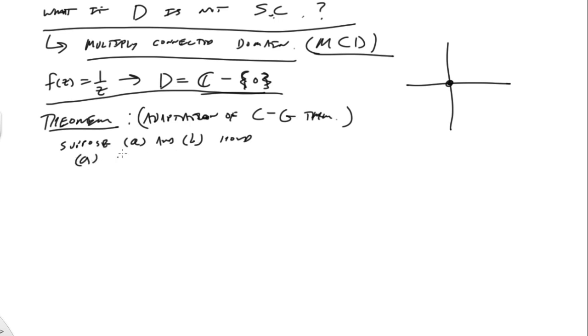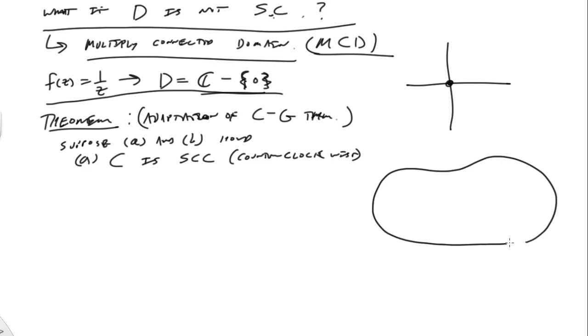A is: there's some contour C, which is a simple closed contour, and we're going to make it counterclockwise. I'm going to draw it like here. That's what I'm going to call C, and it's going around like that.